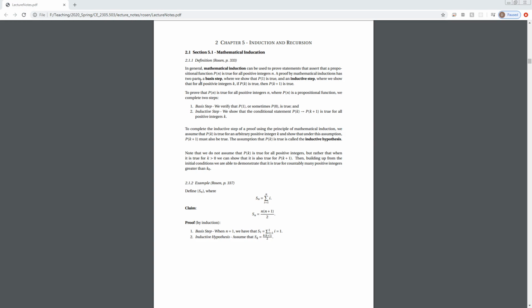So you've proven it for some minimal value, and then you've shown that you can count forward and have it always be true. If it's true for n, that means it's true for n plus 1. By having that base value, whenever you tack on 1, it's now true for n equals 2. And when you tack on 1 again, it's true for n equals 3.